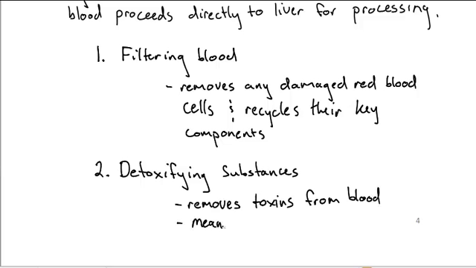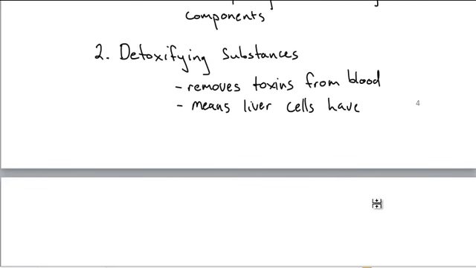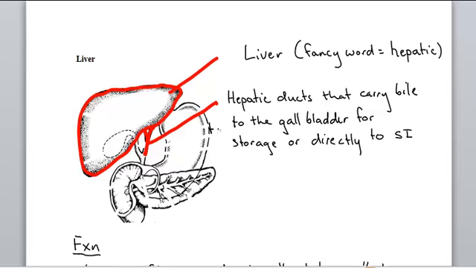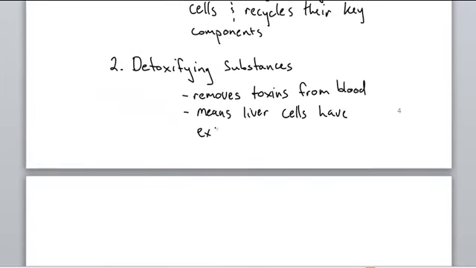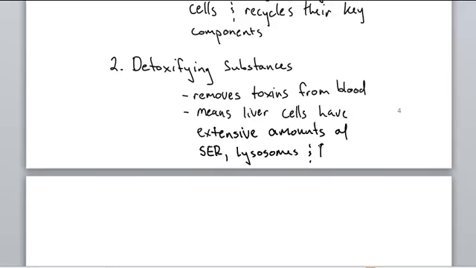This means liver cells have extensive amounts of, sorry, extensive amounts of what? What's involved, what organelle in detoxifying things? One of them detoxifies drugs. That's your smooth ER. They often have extensive lysosomes and peroxisomes.